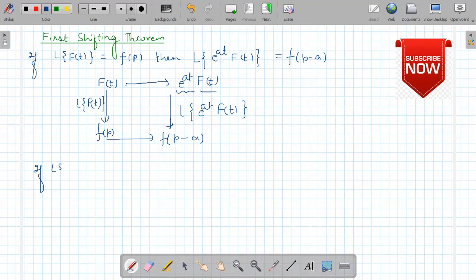If the Laplace transform of f(t) is equal to F(p), then the Laplace transform of e raised to the power minus at f(t) will be F(p plus a). Now p is replaced by p plus a because of this negative sign.